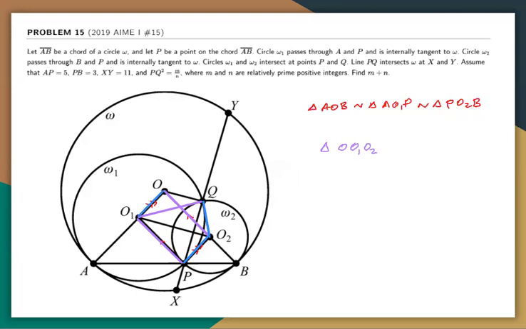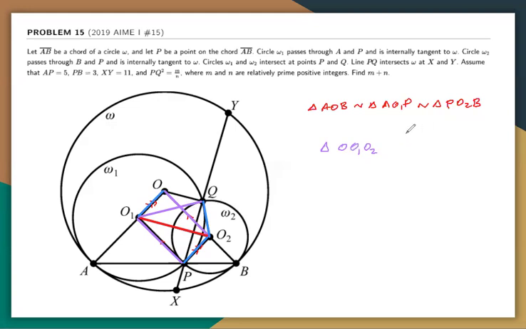Maybe I should show the other side as well. If I connect O1 to O2, let's say this is the red one, and we have three sides. So one side is blue, one side is purple, and one side is red, right? And the same thing is O1, Q, and O2. That is also the same color.